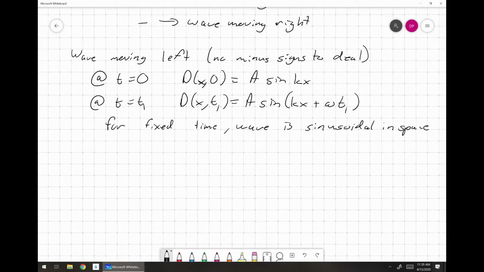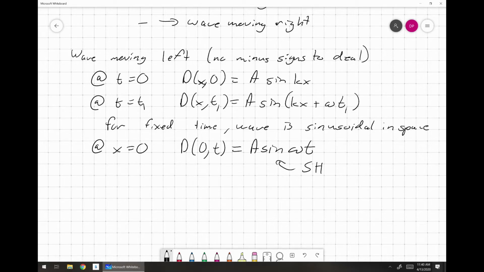And if we then said, well, let's look at a particular point, so let's look at x equals 0 at any given time. So we have d of 0 and t. Then in that case, we just have A sine omega t, right? And this is just the equation for simple harmonic motion.